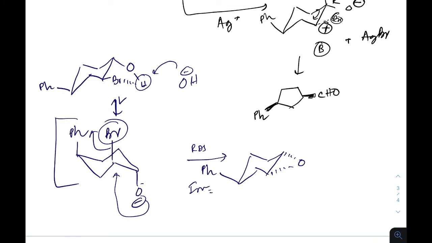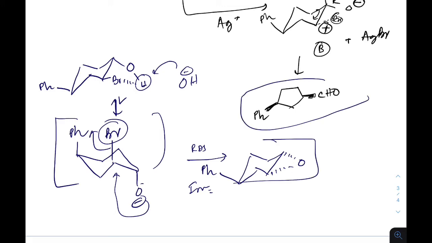Therefore, according to Le Chatelier's principle, the only product will be this. There will be no other product because of strong hydrogen bonding. Okay, but in the presence of silver plus, this bromine is not further available for this type of hydrogen bonding. Therefore, the ring contraction can happen in case B.